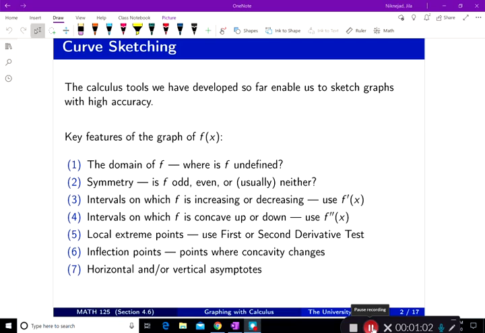Intervals on which f is increasing or decreasing, which you use f prime for. Intervals on which f is concave up or down, you use f double prime for that. You want to find local extremum points using the first or second derivative. Inflection points, points where concavity changes, and horizontal or vertical asymptotes.